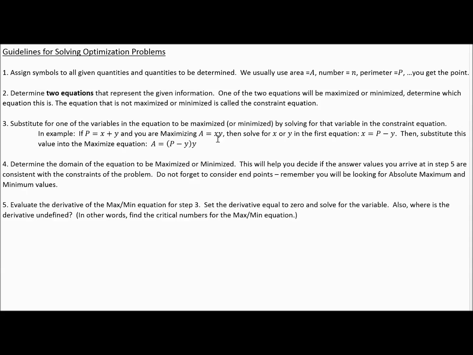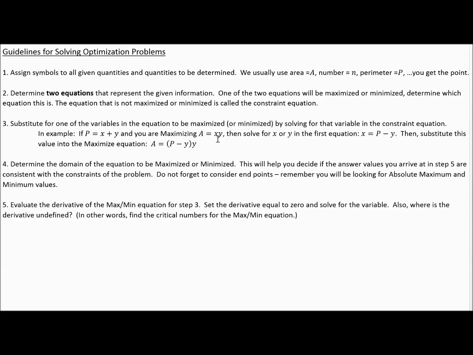Next step, evaluate the derivative. You knew that was coming, right? This is in chapter 3, which is applications of the derivative. And we want to evaluate the derivative so we can find the maximum or minimum, whatever is being asked. And you're finding an absolute max or absolute min. So if you recall, going back to our very first section in the applications of derivative section, it tells us how to do that.